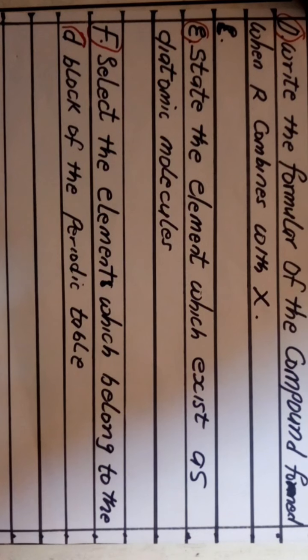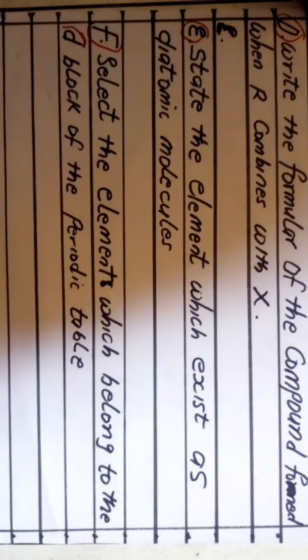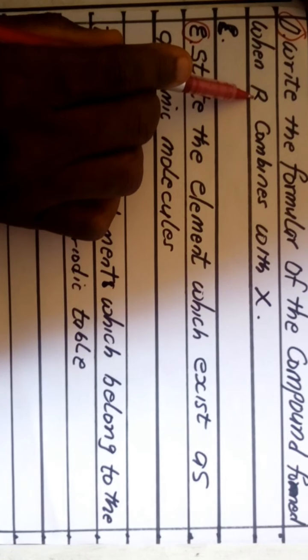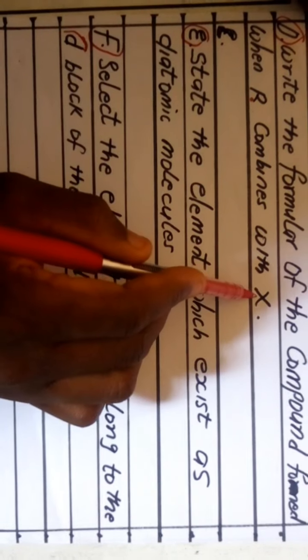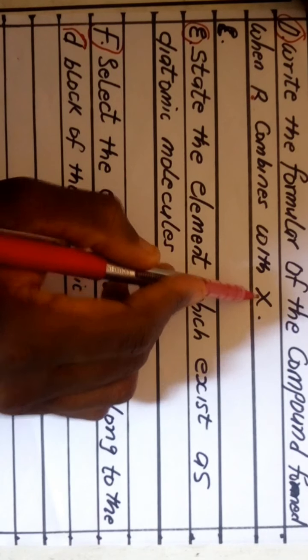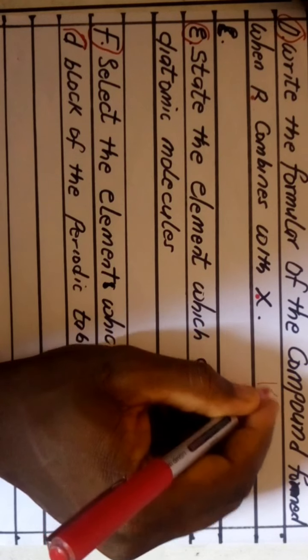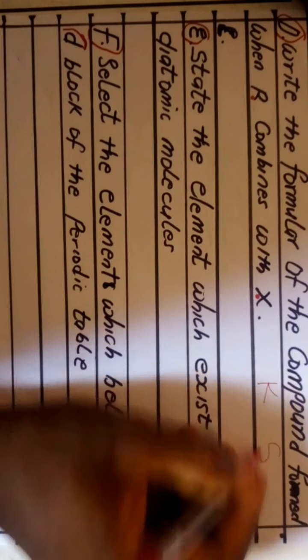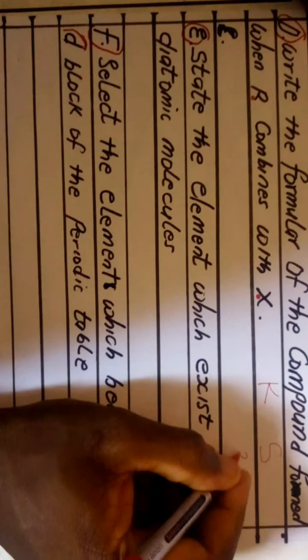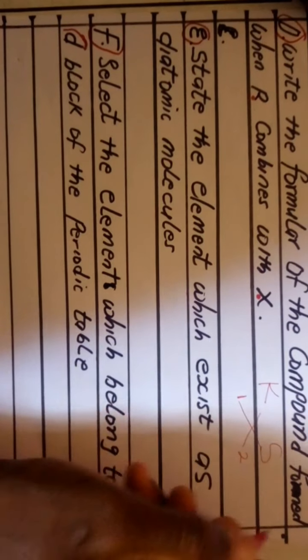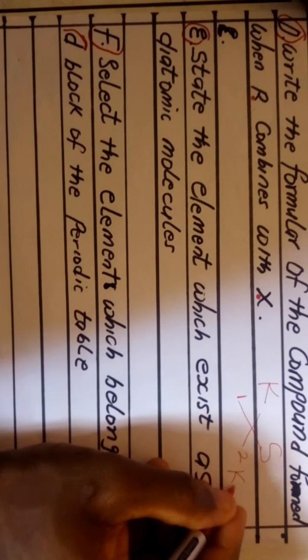So remember, R is sulfur and X is potassium. So it's going to be something like this: potassium, sulfur. This has a valency of 2, this has a valency of 1. So do the crisscross, and you are getting K2S.